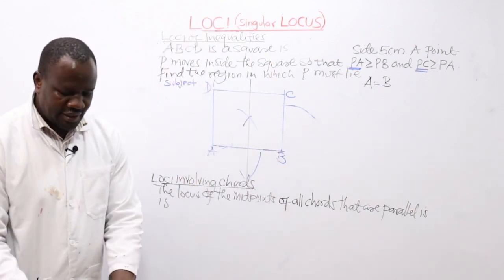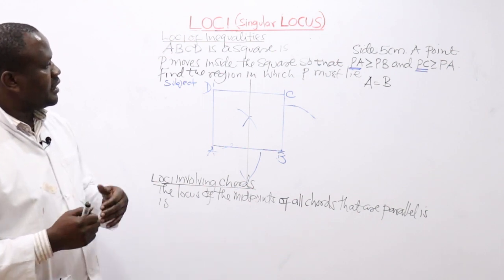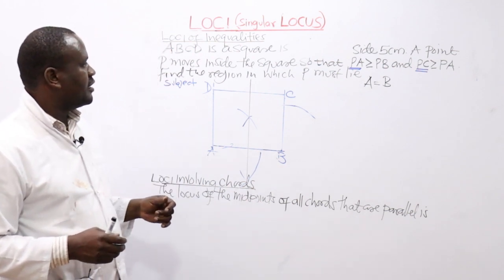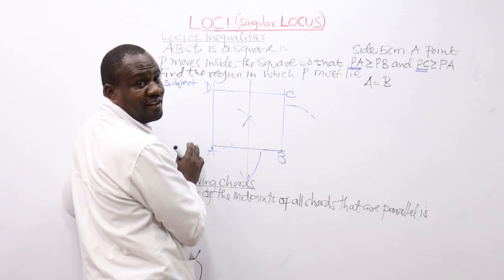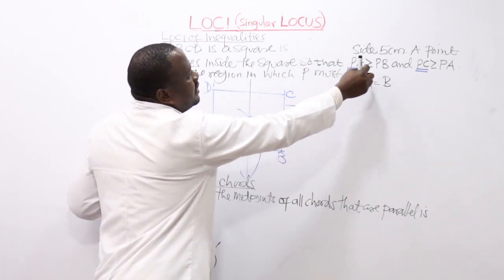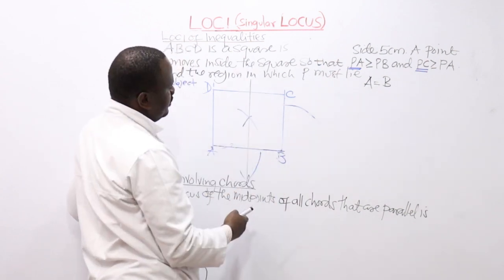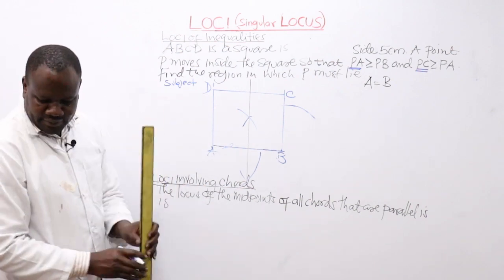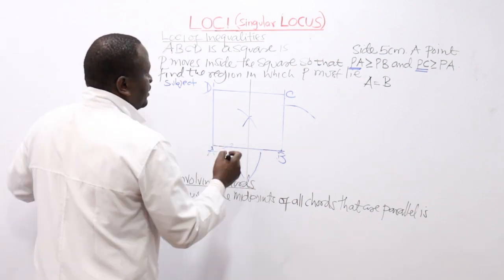Now let's interpret that information again. PA is greater than PB. So it means P is nearer to B than to A, because this is the boundary. So point P must be on this other side, and we shade the unwanted region.